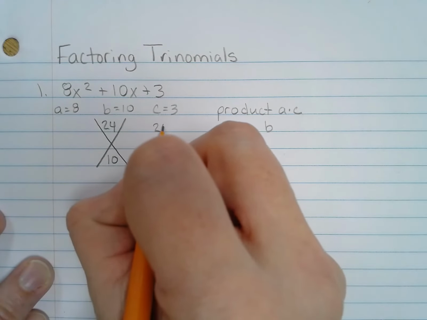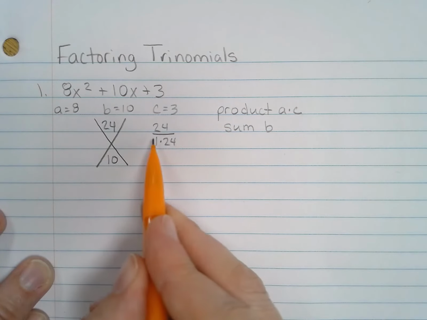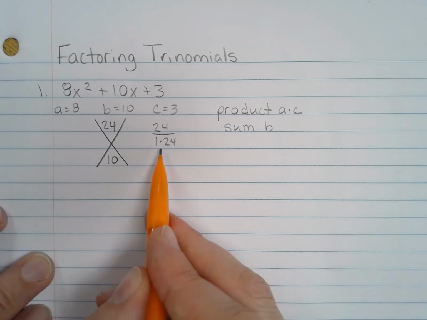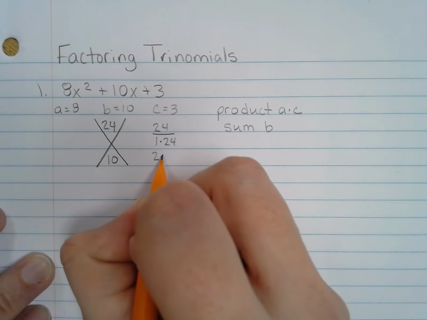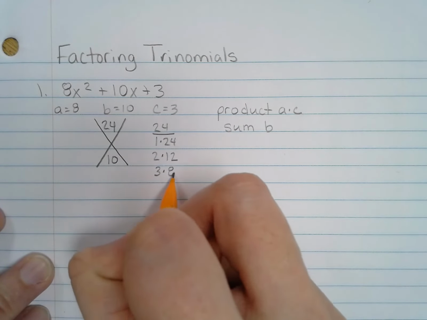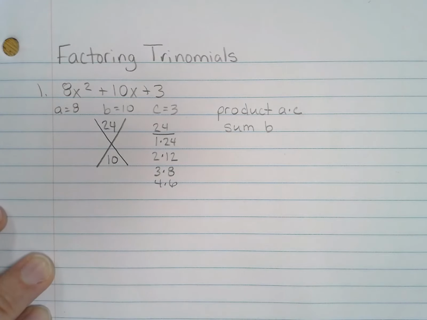So start with always 1 times the number. Don't miss that factor pair because sometimes that's the one you need. The next factor, 2 times 12. Then we have 3 times 8 and 4 times 6.